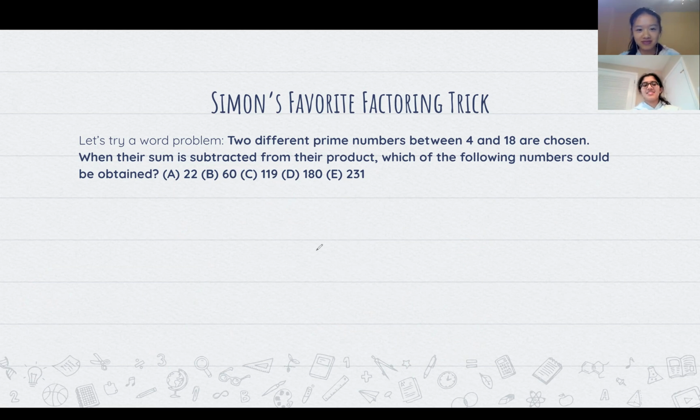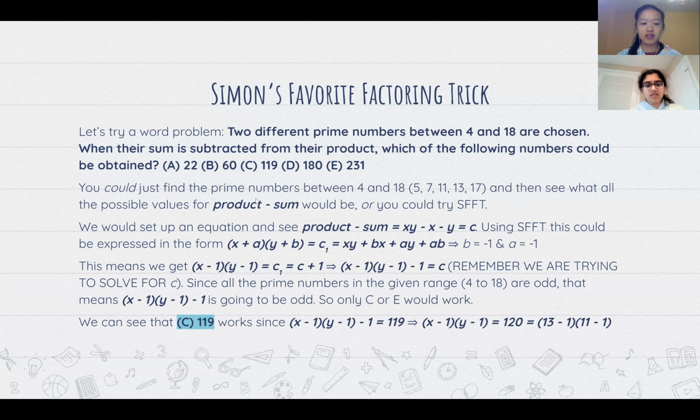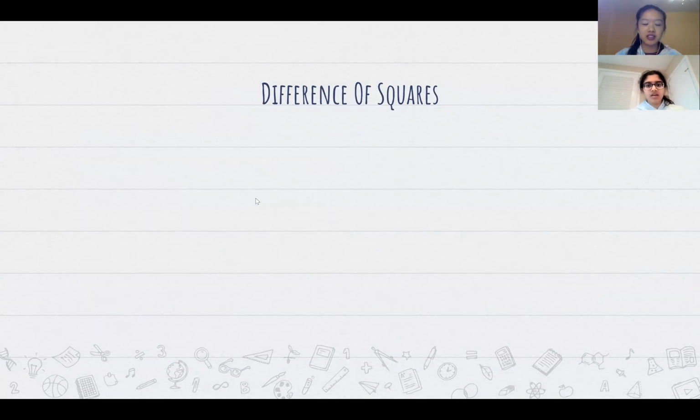Okay, I was about to say. Okay, so Amy, do you think we should do the Kahoot? I think we can try to squeeze in one more question. Or actually, we can go over difference of squares real quick, right? Yeah. Okay.